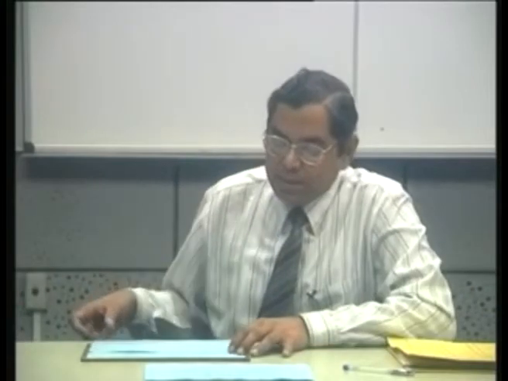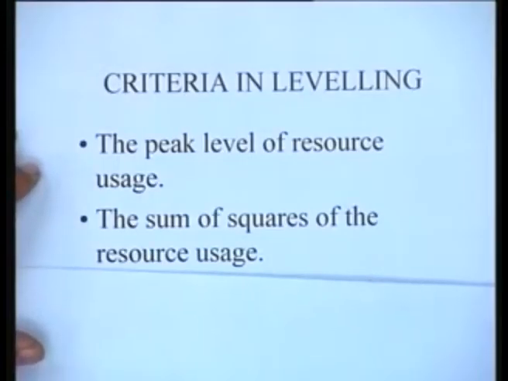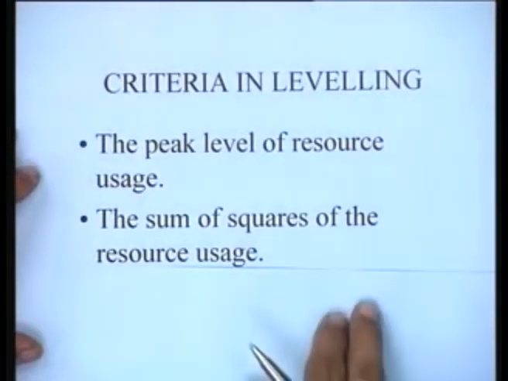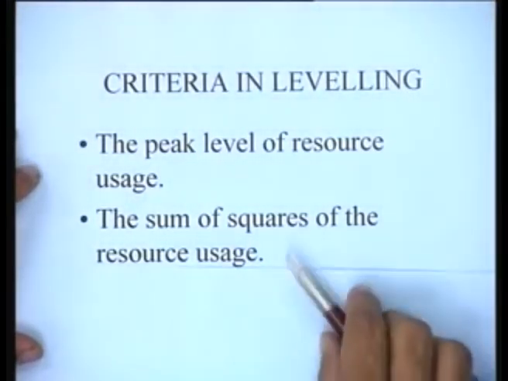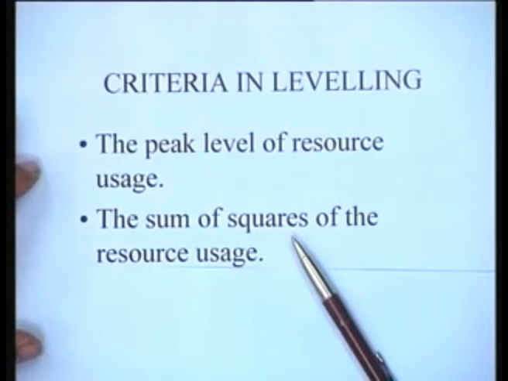So it has been suggested that maybe a criterion like this, the sum of the squares of the resource usages, could be a very good criterion to find out how good the resource profile is.